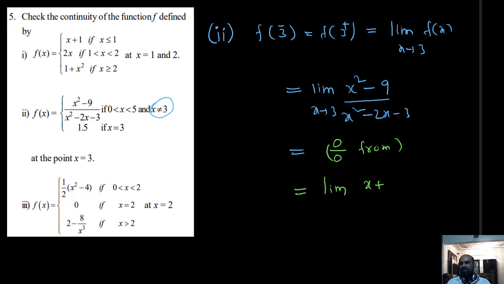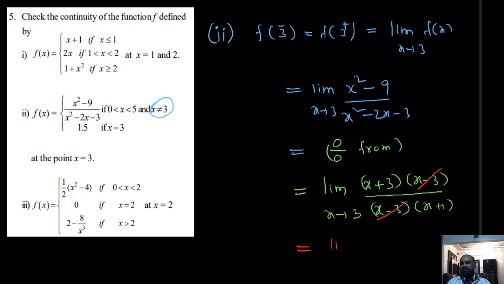The numerator can be written as x plus 3 into x minus 3. The denominator can be written as x minus 3 into x plus 1. x is tending to 3, not equal to 3. That's why I can cancel these two. So what happened? The limit of x plus 3 by x plus 1, as x tends to 3. Substitute now. What we will get? 6 by 4, that is equal to 3 by 2, that is equal to 1.5.